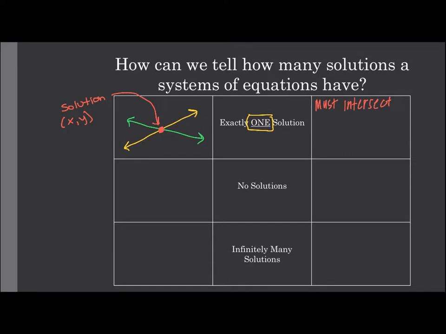Now, without drawing a picture or graphing the equations every single time, is there a way to know if they're going to intersect right off the bat? Here are some helpful hints. Slopes must be different. If you have two equations and your slopes are totally different, they will automatically intersect each other and have exactly one solution.